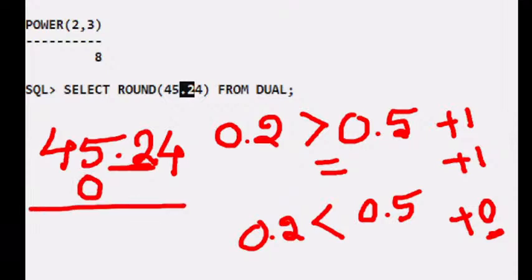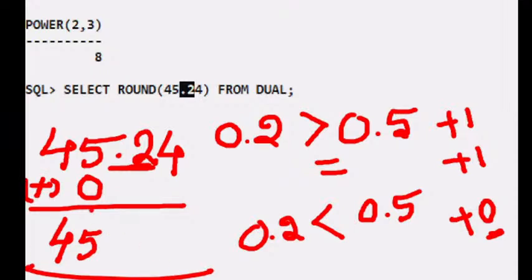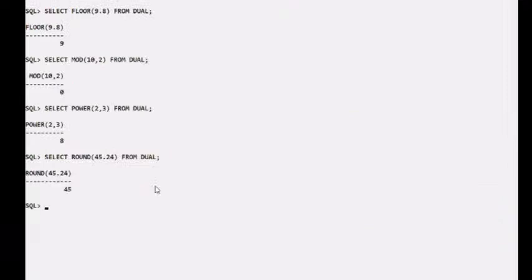Now how much? 45 only is returned. Because this 0.2 is considered as 0. So 45 plus 0 returns 45. The 45 is the nearest value of 45.24. Okay? So now we can see my answer, the nearest value.